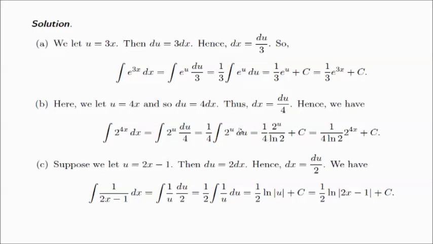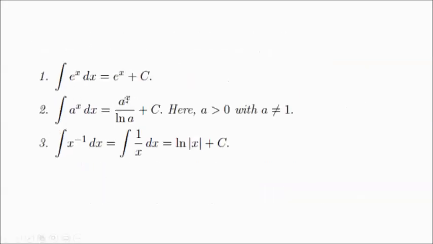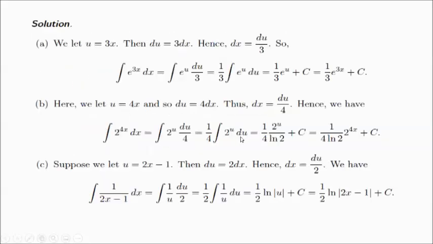I-multiply dun sa integral. So, 2 raised to u over log 2. Proceed dun sa formula. So, meron din siyang kasamang constant. Okay? So, dito inayos lang. Ginawang 1 over 4 log 2. And then, multiplied by 2 raised to 4x.